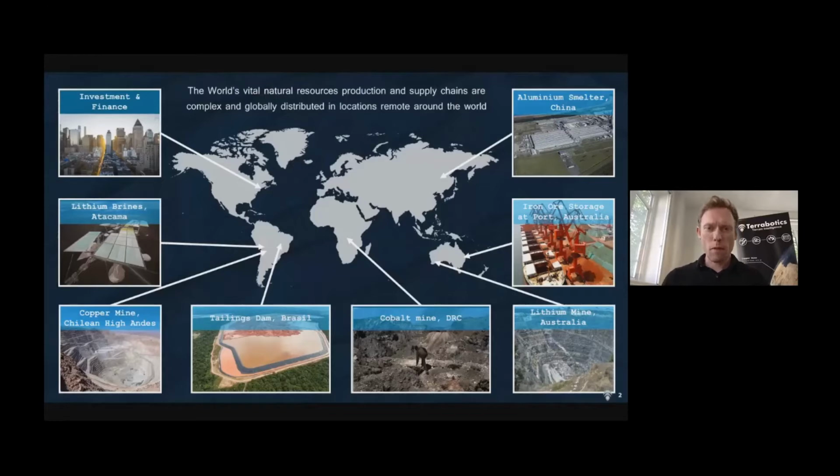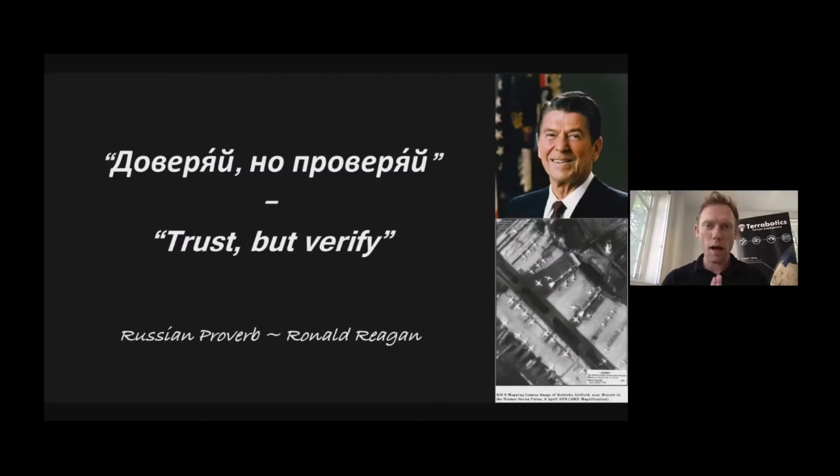So what can we do about that? How can we create objective sources of information for a global problem, essentially? Well, Ronald Reagan famously quoted the Russian proverb back in the 1980s, "Trust but verify," when speaking about nuclear disarmament.